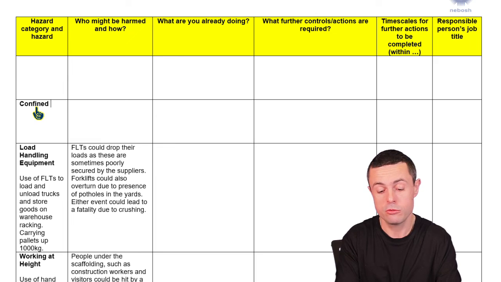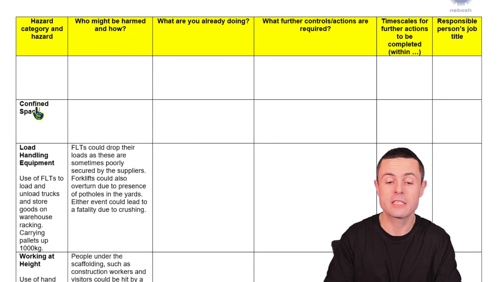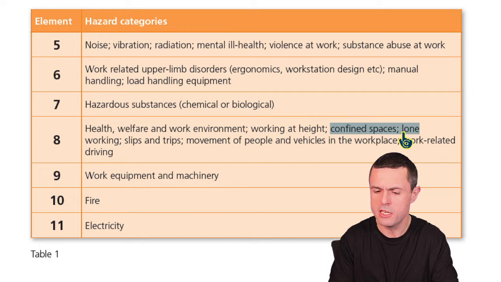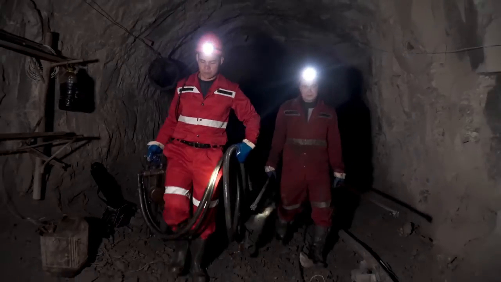So when it comes to writing out your hazard, first of all, we put the hazard category, which is confined spaces, and let's always check, look, confined spaces, that's the hazard category we're going to use there. We are going to try to describe our hazard in those kinds of terms, talking about I'm in an enclosed space and there's high temperature, risk of losing consciousness. I'm in an enclosed space, there's a flammable atmosphere.